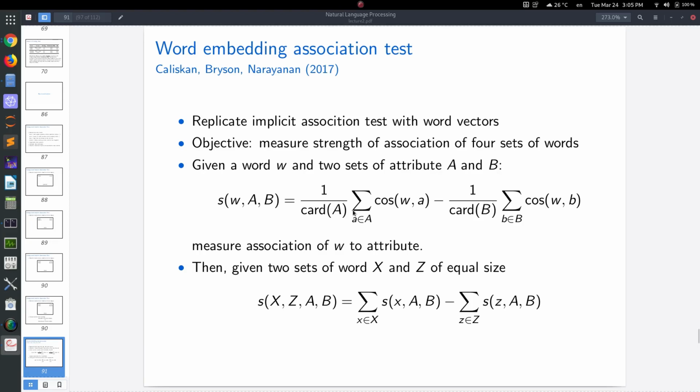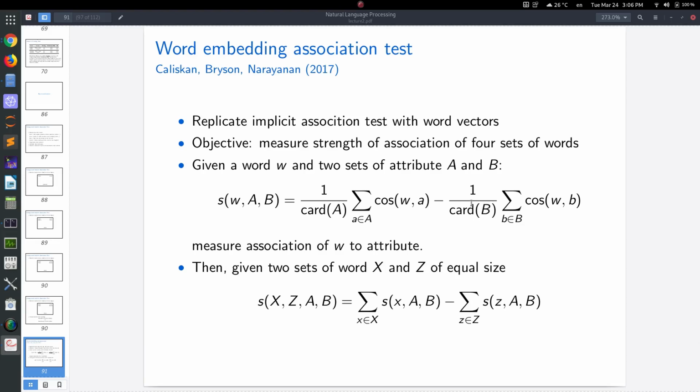So here in this case, what we're going to do is compute the average cosine similarity between the word W and all the word vectors in set A, and subtract from that the cosine similarity between the word W and all the words in set B. So if the value is 0, then the word W is the same distance away from the average of the words in set A and the average of words in set B. But if the word is similar to one of the sets, then we'll have a value that's not 0.